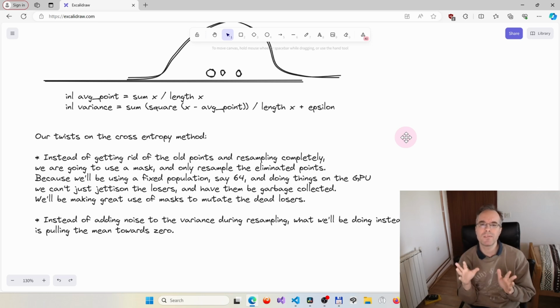Instead, what we will be doing is getting the mean and the variance. And then to get the top 10 or top 8 out of 64, we're going to eliminate all the points below a certain threshold of standard deviation.